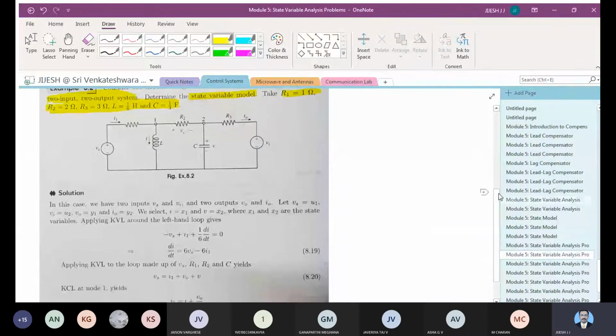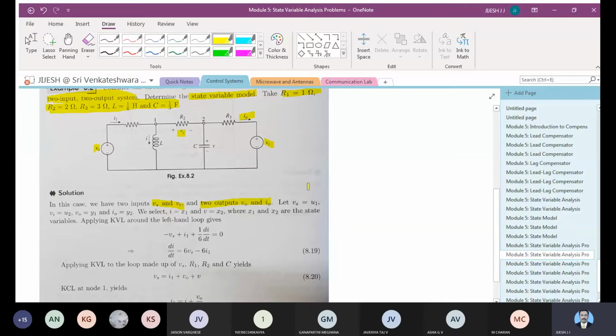What you have to do here is, we have two inputs, Vs and Vi. Here you can see Vs and Vi. These two inputs are there, as well as two outputs, that is V out and I out. So two outputs and two inputs.